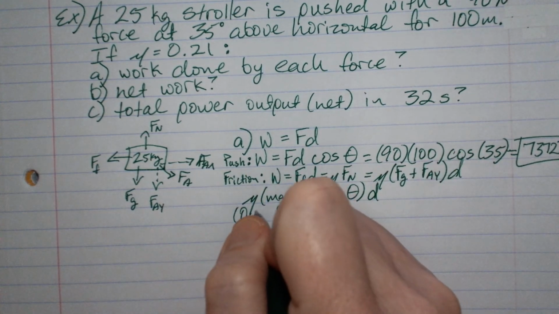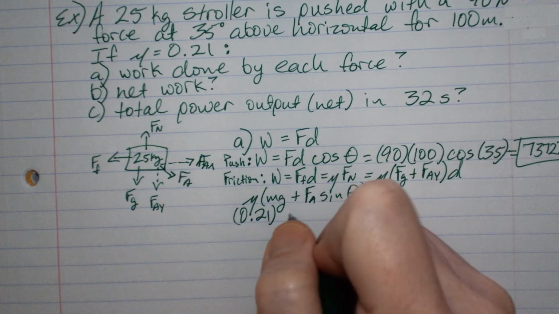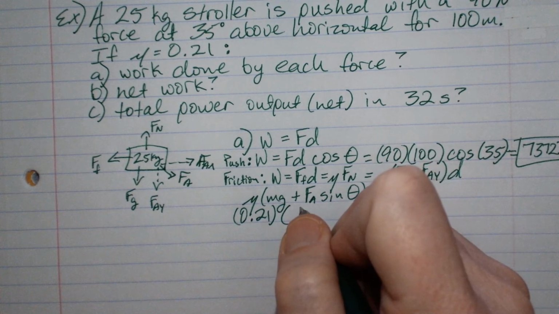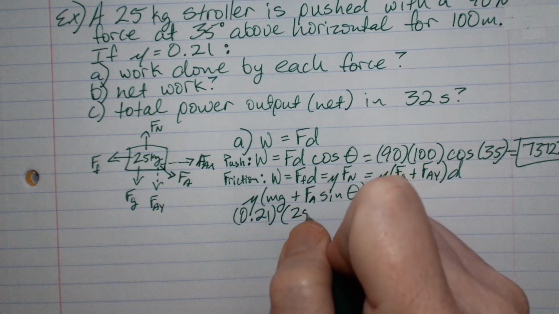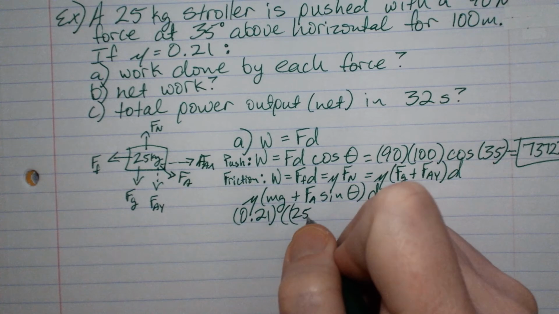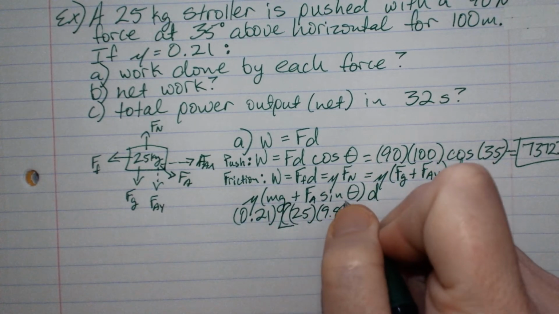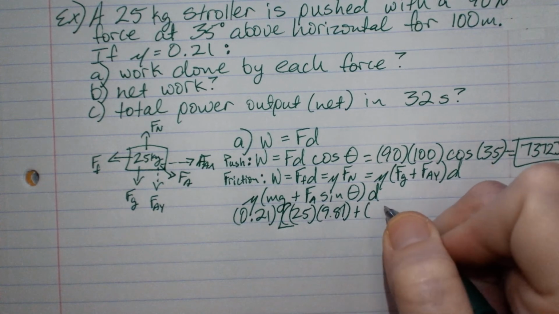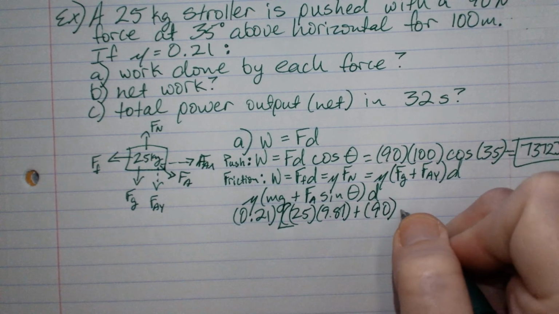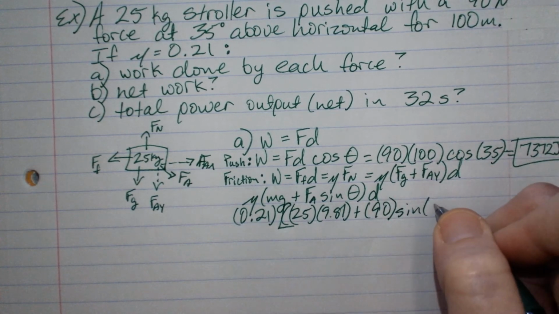So 0.21 times, let's see, our mass is 25. I'm going to put this in brackets: 25 times 9.81 plus my force applied, which is 90, sine theta, which is 35.